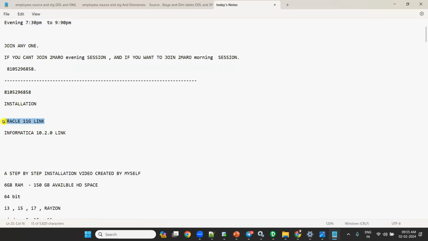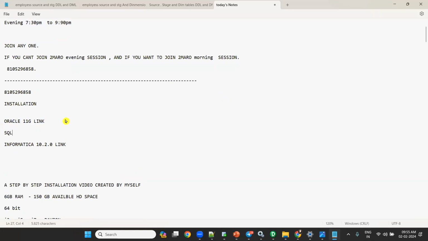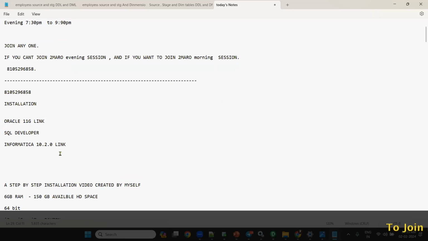First, you need to install Oracle, then also install SQL Developer. My team will send you these three links on WhatsApp. You install by Monday.